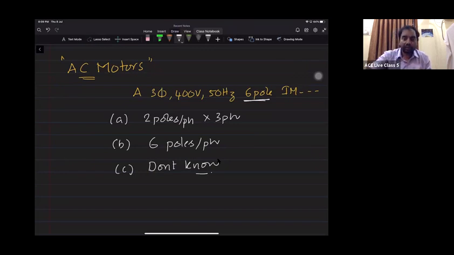Let me see. See how four poles are formed. I have taken an example. It is not that four poles are formed.